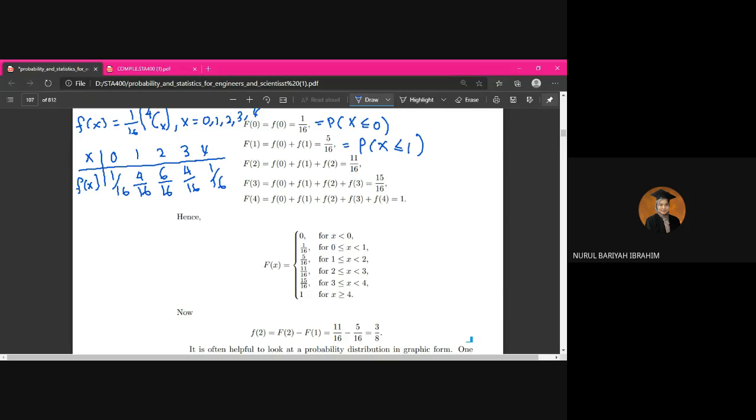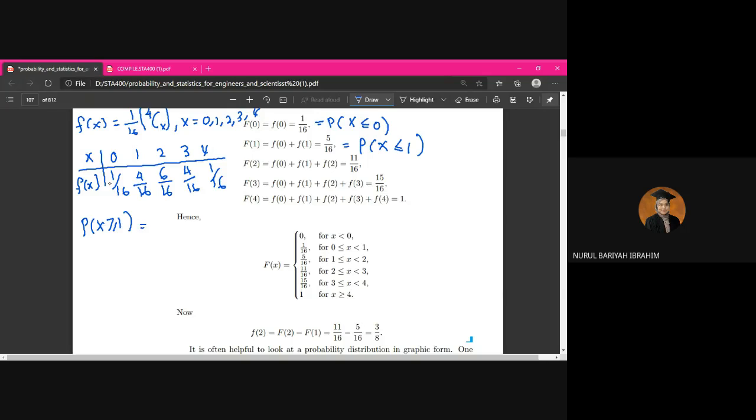Okay, let's say we have this CDF. Sebelum ni when we have this PDF table, kita boleh nak cari probability of x more than or equal to 1 contohnya. So, you boleh buat probability of x equal to 1, plus 2, plus 3 and plus 4, sebab dia more than or equal to 1.